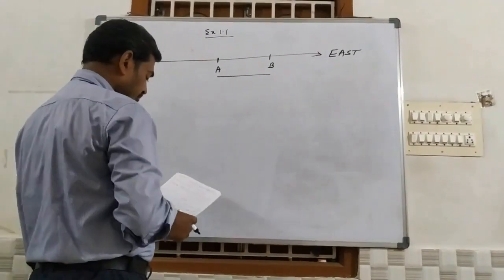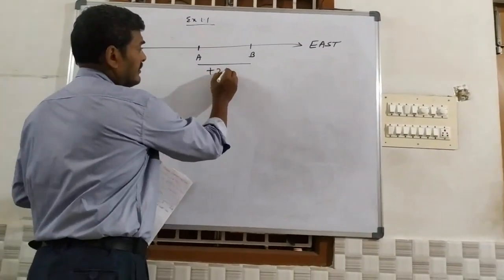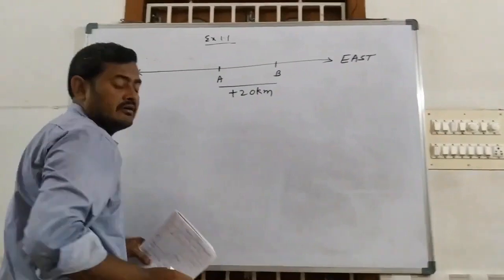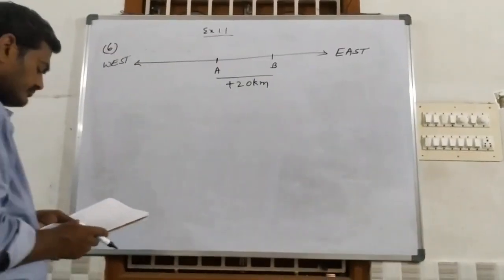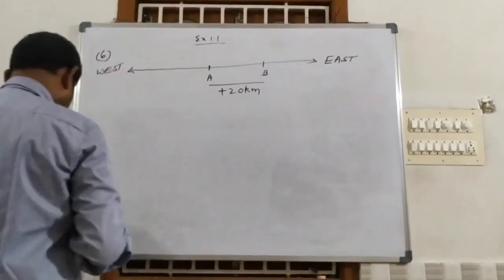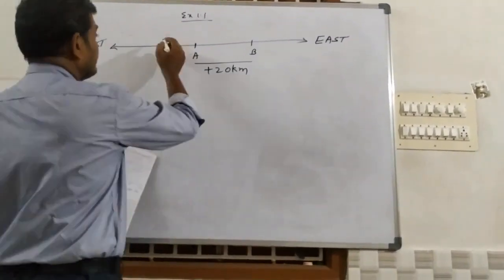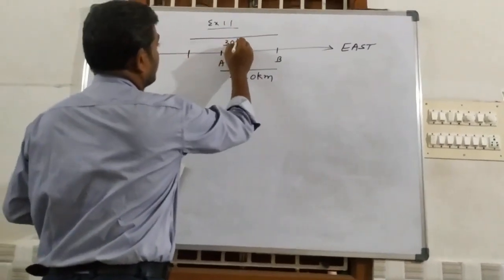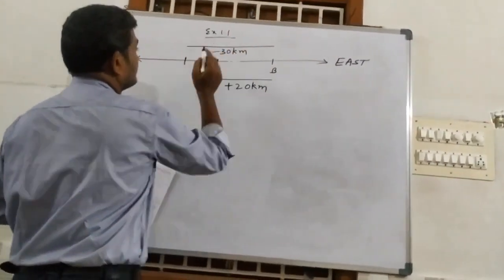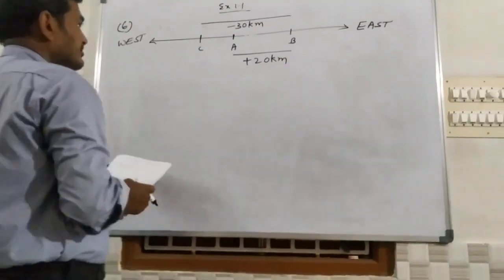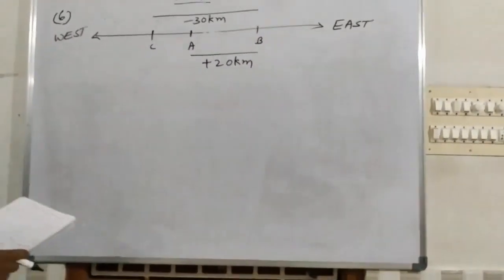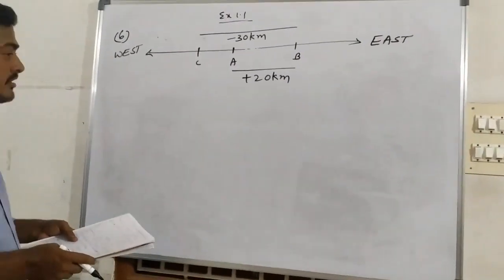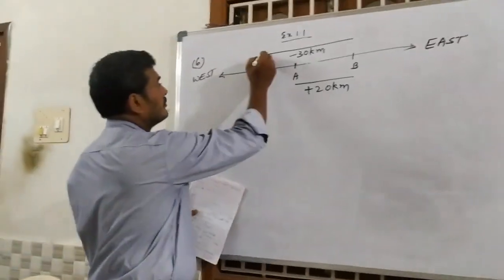Distance traveled east is plus 20 kilometers. Then from B, how many kilometers did she travel? From B she went 30 kilometers back. That means this represents minus 30 kilometers.